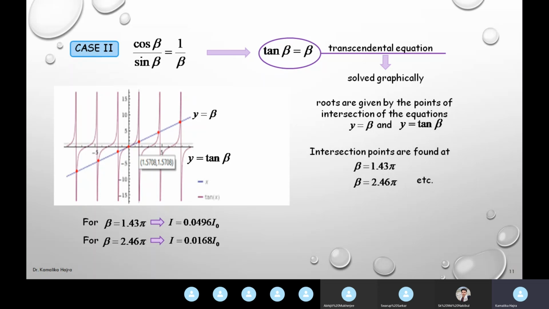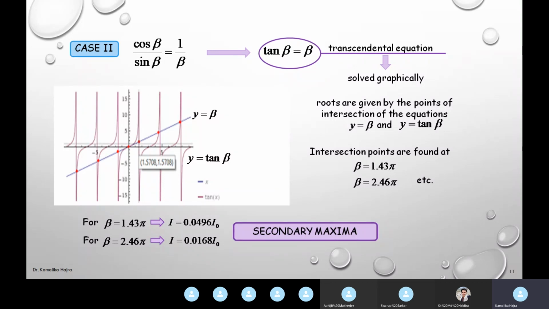So as you move further away from the central maxima, the intensity decreases drastically, although we get some brightnesses. These are the positions of the secondary maxima. So in the single slit diffraction pattern, you not only get the central maxima and the primary diffraction minima, you also get some secondary maxima.